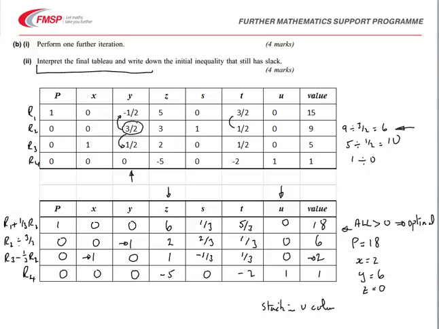So if we go back to our initial equation, then that was 4x plus 2y plus 3z, which was less than or equal to 21, which has still got slack. And you'd need to get that from the initial part of the question.